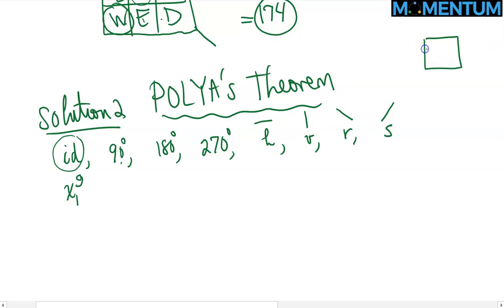For instance, in our example, the 90-degree rotation, so this one better be the same as this. So we have a cycle of length 4. Then these 4 have got to be the same. Another cycle of length 4. And then at the center we have a cycle of length 1. Do you guys agree? So we have one cycle of length 1, x sub 1, and then 2 cycles of length 4 each. Does that make sense?